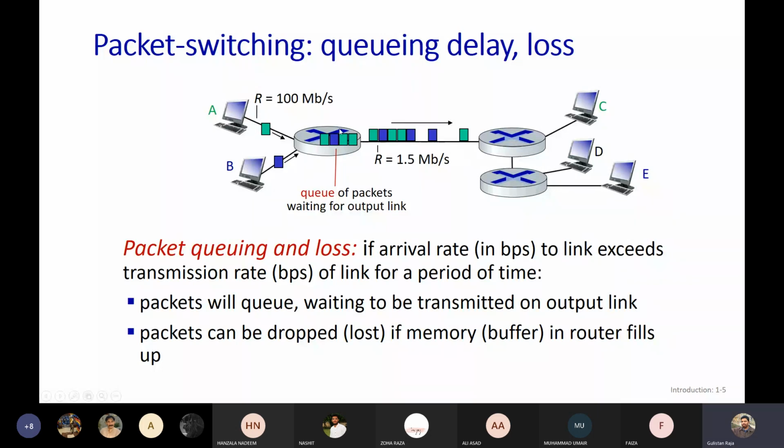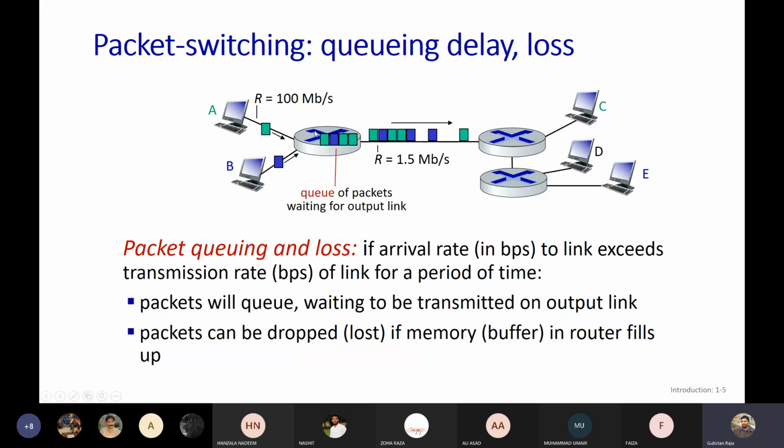A queue of packets will be generated in this router, waiting for the output link, because output link transmission is slower than the arrival rate.